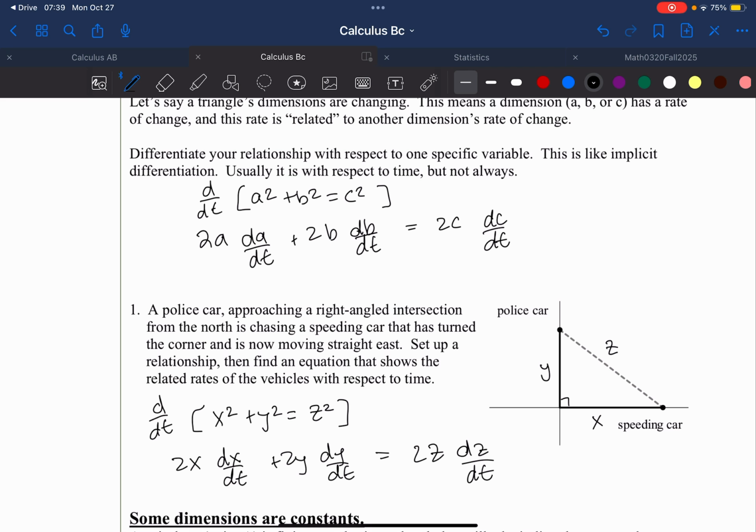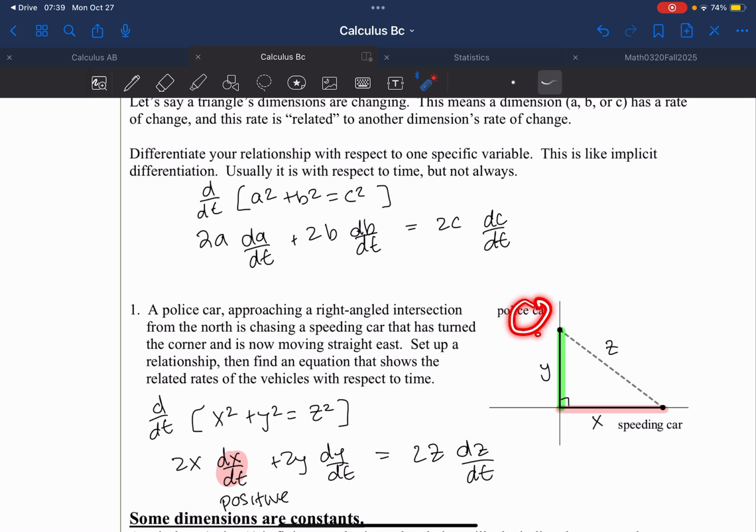Okay, we know that dx dt is in terms of x right here, and this is on the positive side, so this is going to be a positive rate. Versus dy dt, this is the police car, right?